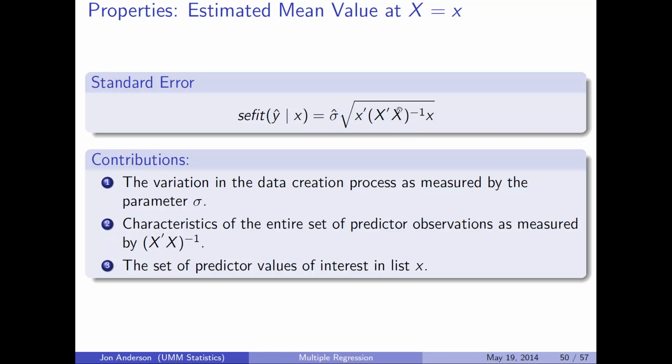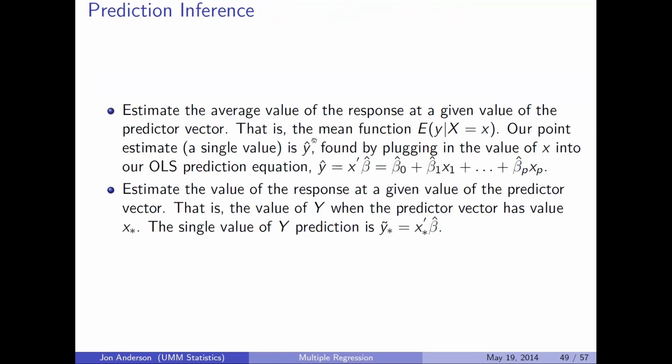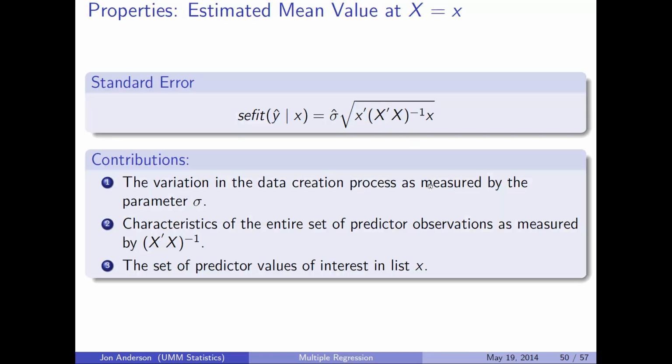We saw this earlier as part of the beta hat variation. Because remember, what you're finding the variation for here is this linear combination. And so what we're really doing is trying to appropriately measure the variation in these beta hats. And this is the expression that does that, appropriately weighted for where the values we want to predict at.